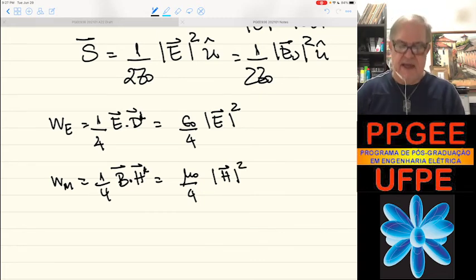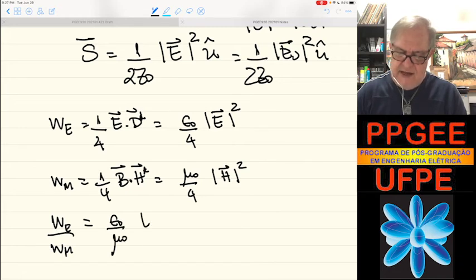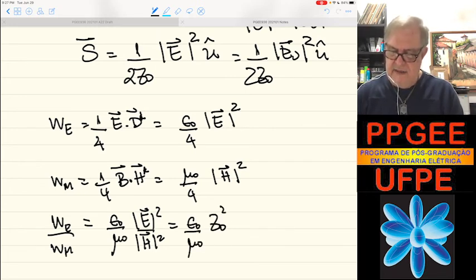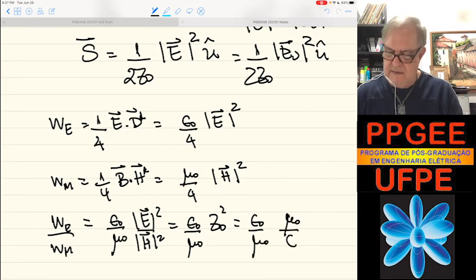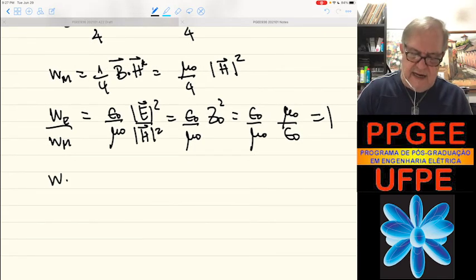If we make the ratio W E divided by W M, it's going to be epsilon 0 divided by mu 0, the ratio between E and H squared. Well, that's Z0 squared, which equals 1. So the energy densities are equal.